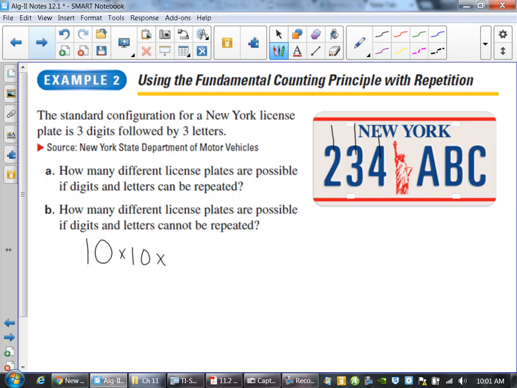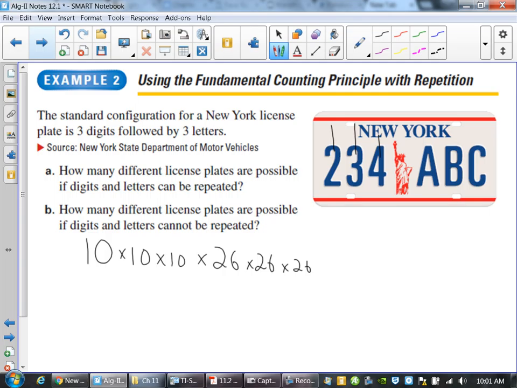Now, by doing 10 each time, am I allowing for numbers to be repeated? Yes. How many letters are there? So there'll be 26, 26, and 26.